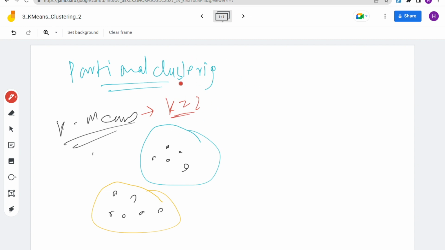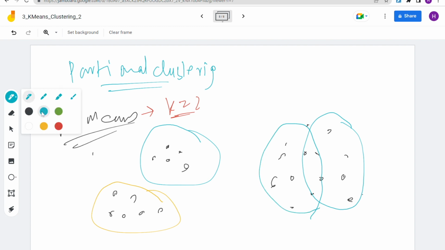So now what's fuzzy c-means? The only difference in fuzzy c-means is that, let's say these are our data points, and after classifying you make clusters, and this is fuzzy c-means.